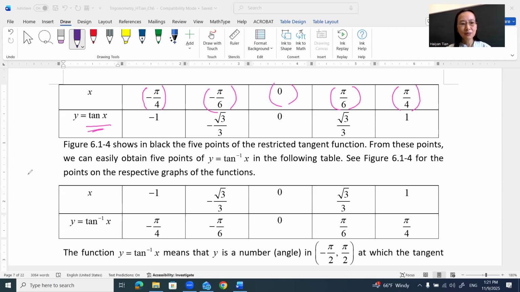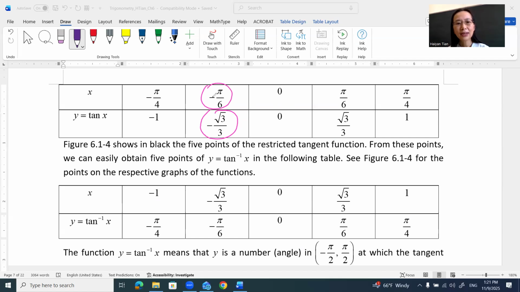So for example, at negative pi over 4, the tangent value is -1. We know these special angles, and at each, the tangent will be a special value. We know its exact value.